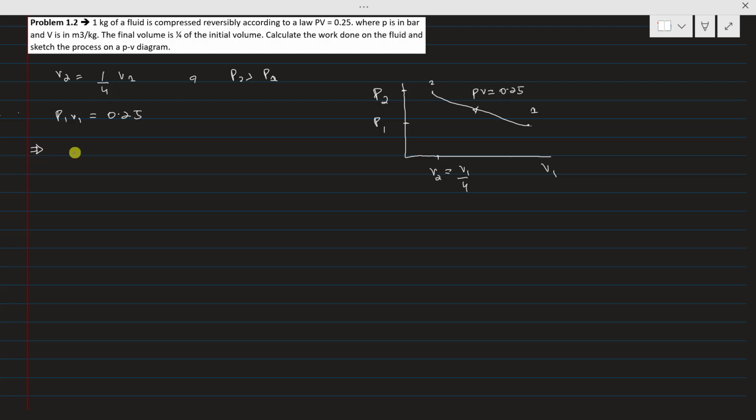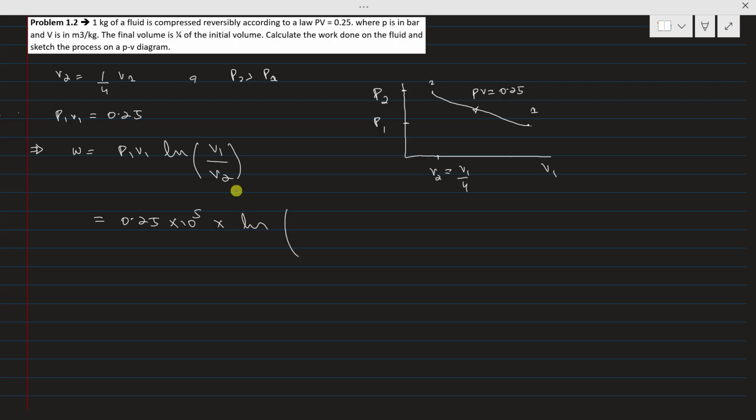Next we need to find the work done on the fluid, that is equal to P1 V1 ln of the initial volume V1 divided by the final volume V2. Okay, put the values. P1 V1 is 0.25 multiplied by 10 to the power 5 because it is in bar.